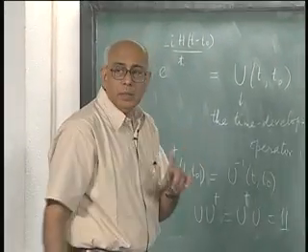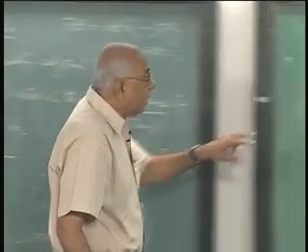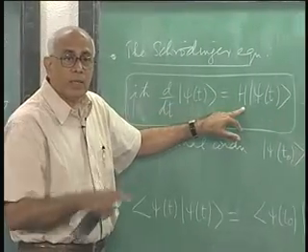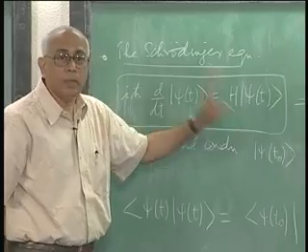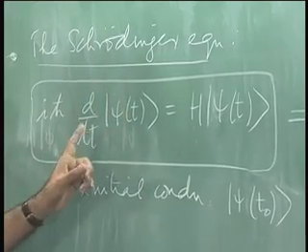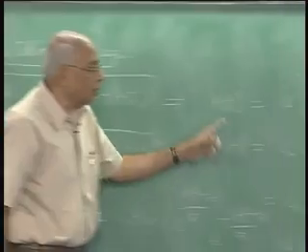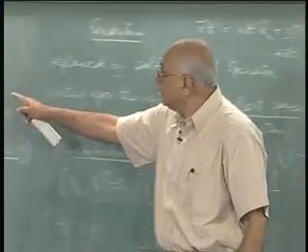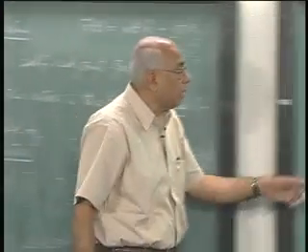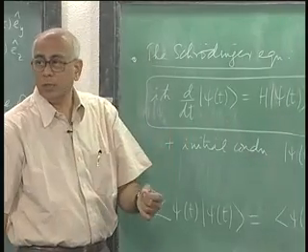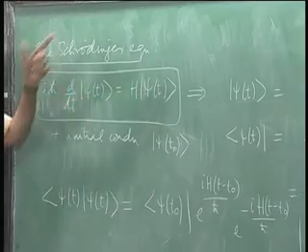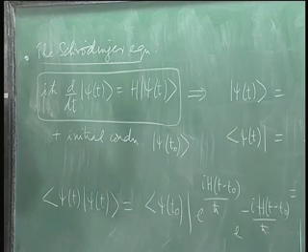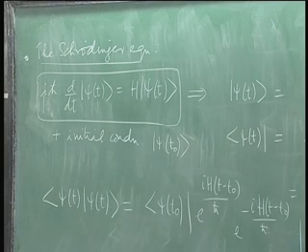I will mention here that even if H is explicitly time dependent and the Hamiltonian changes from instant to instant while remaining Hermitian, the time development operator is no longer given by this formula. You can't do that, because as you can see even in elementary differential equations, if this coefficient becomes a function of time, then the exponential is not the solution, you need some e to the power of some integral and so on.